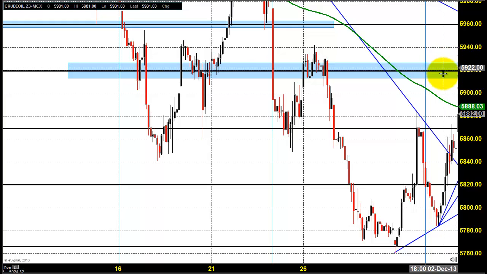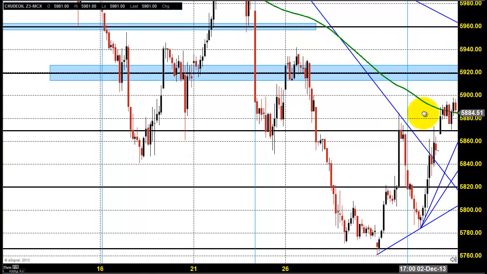Then it all depends upon how the price is reacting in this 5960. If you go back and see the video presentation which we had posted on December 3rd, we made it very clear: initially go and test this 5920. If the price is trading above 5920, you can reverse to buy. That was our expectation. Now let us see what happened after that.